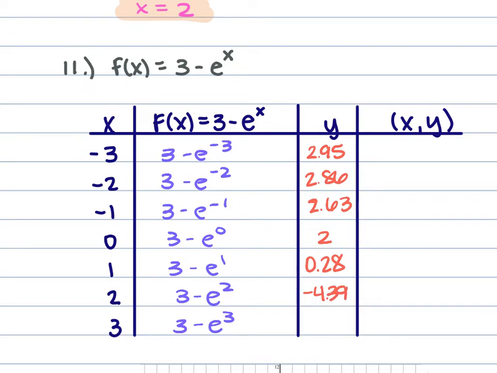And 3 minus e to the third gives us negative 17.09.